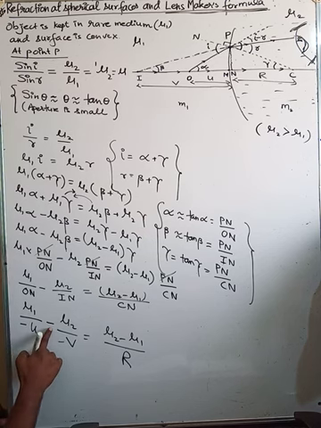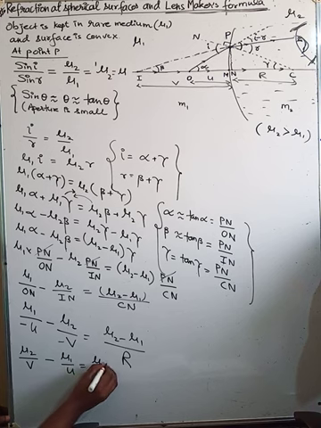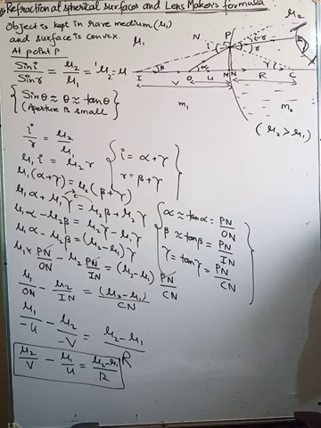This minus and minus will become plus. So mu2 upon V minus mu1 upon U is equal to mu2 minus mu1 upon R. This is the small derivation for refraction at spherical surfaces.